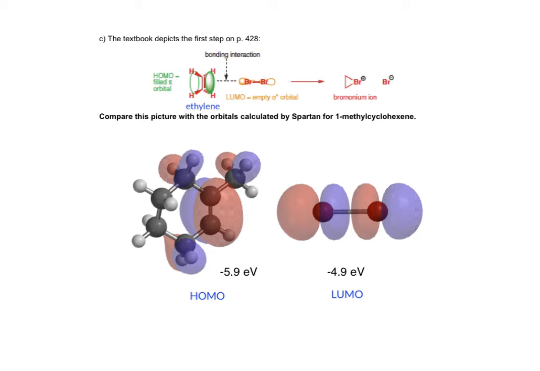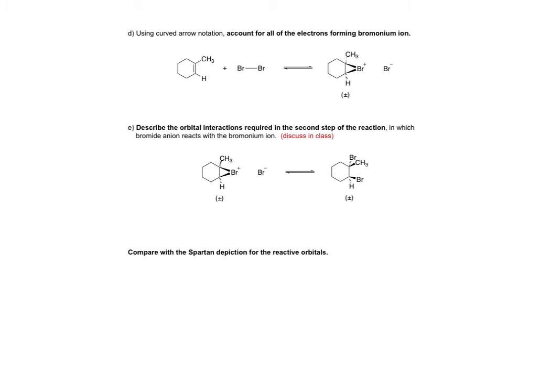Turning to the next page of the worksheet, I'll use curved arrow notation to show the electrons between reactants to form the bromonium ion. A pair of electrons from the alkene reacts with the empty orbital, the LUMO, on bromine. There are 3 non-bonded electron pairs on each bromine atom.